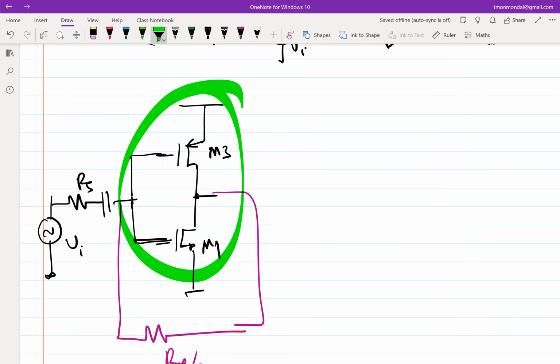Now, the question is, if you use a PMOS on top, why would I let its transconductance go away? It's coming for free, right? If I just connect it, I'm just getting a gain of 2. Why would I let it go away? So in most practical cases, in today's analog world, we use inverters as amplifiers.